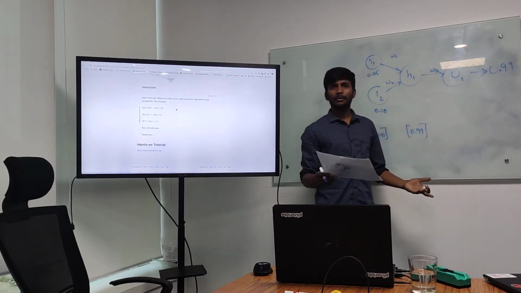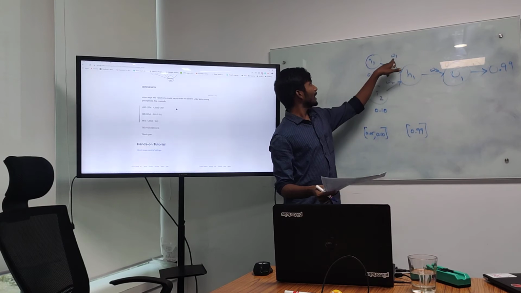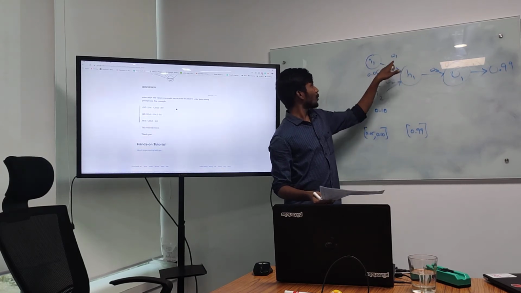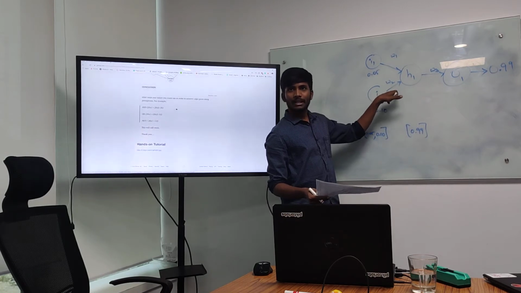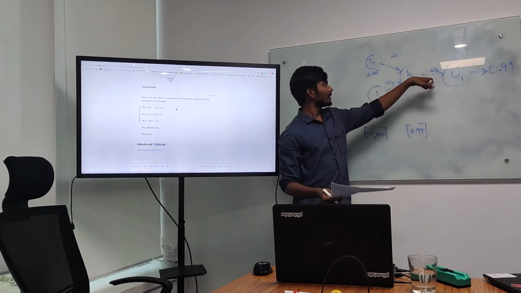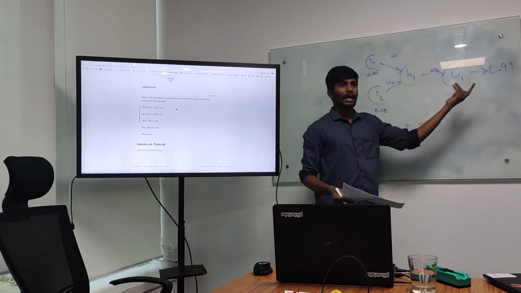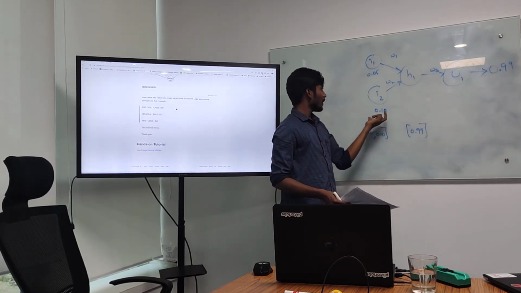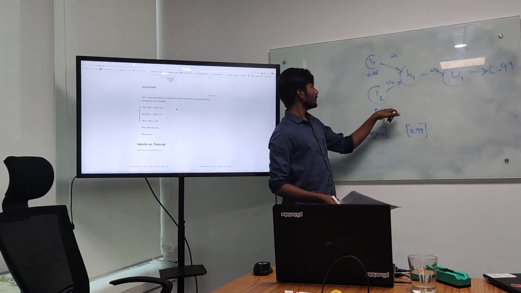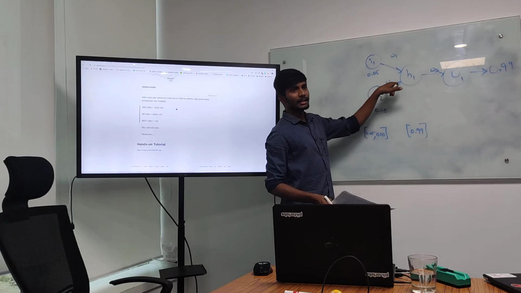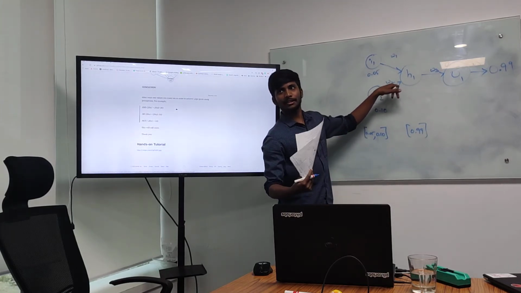I can do it in multiple ways. If we humans try to figure it out, I can multiply 0.05 by 1 and 0.10 by some W, and put the weight here as 1, and send the output as 0.99. I can find some value for W. Say if I give 0 here, W2 would be 99 if I don't have any hidden layer. It is trial and error, basically, that a human can do.